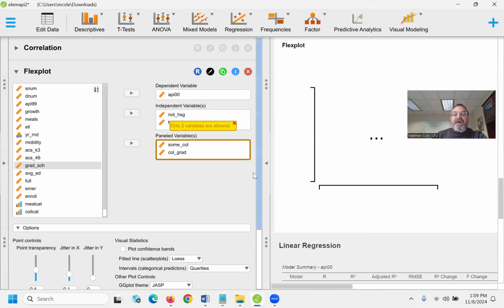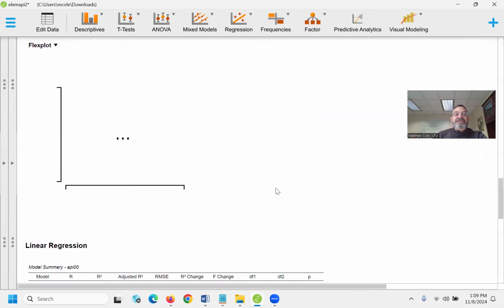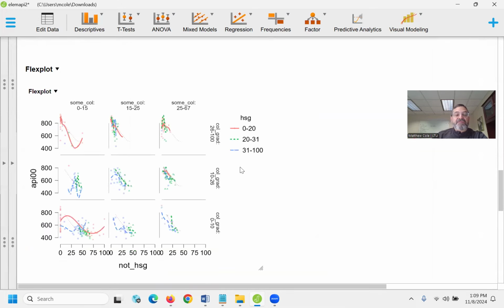So the most we can model is 4. So we can get an idea of what's happening when looking at API across 4 variables: parents who don't have high school grads, parents who have some college, parents who are college grads, and parents who had some high school.